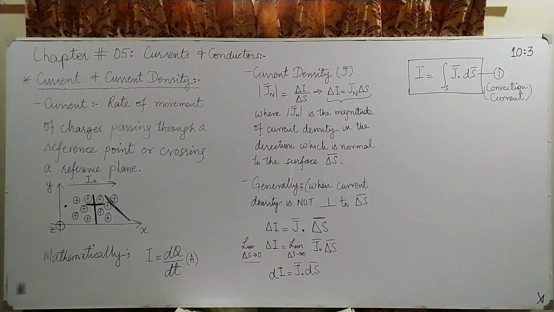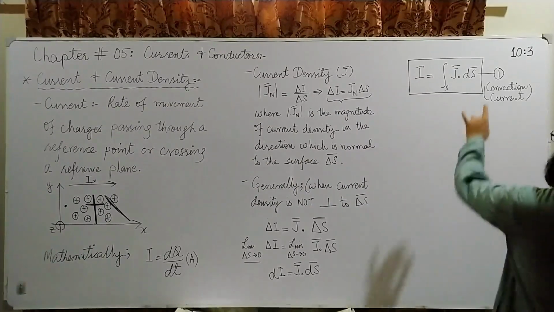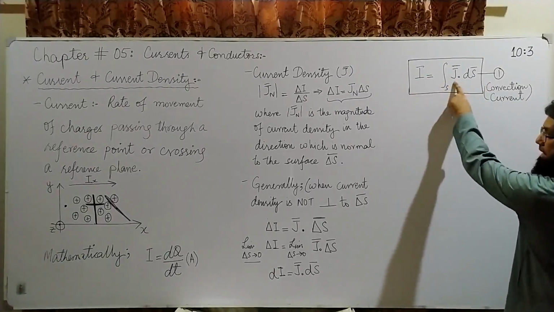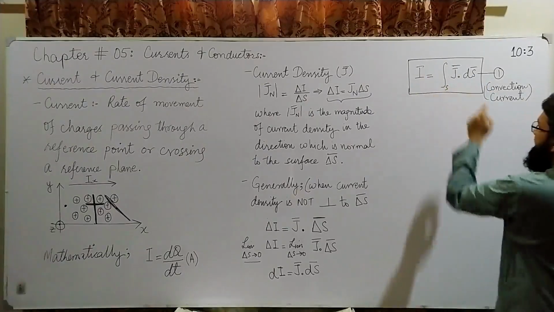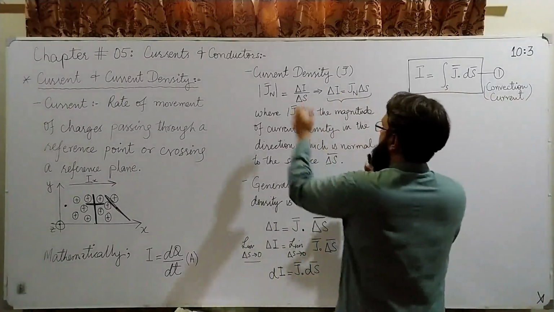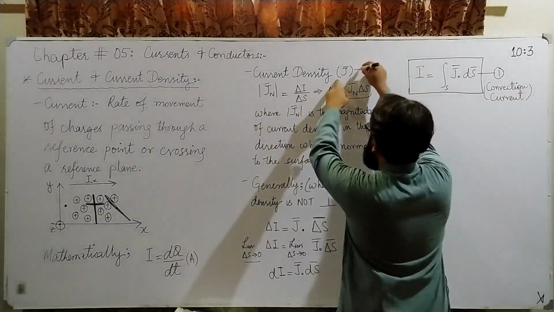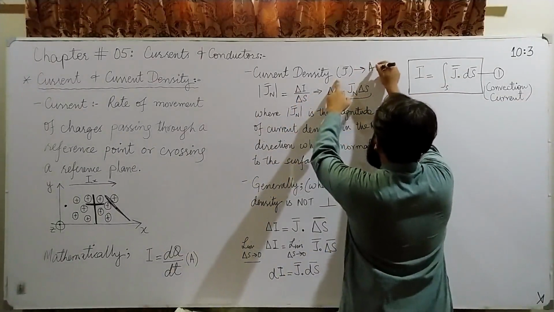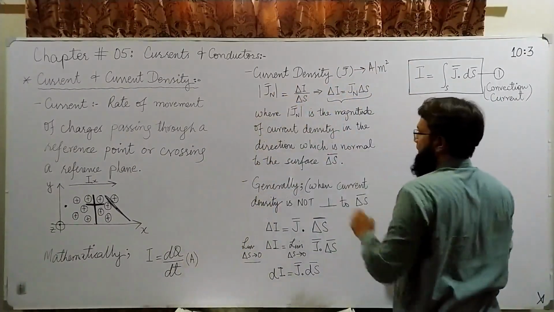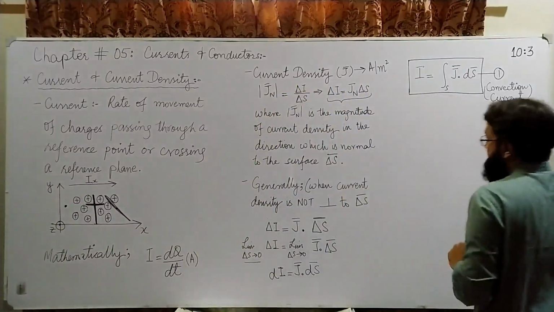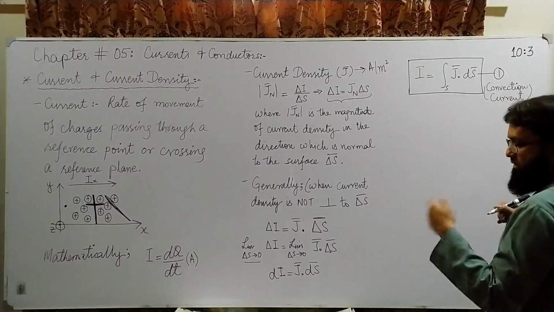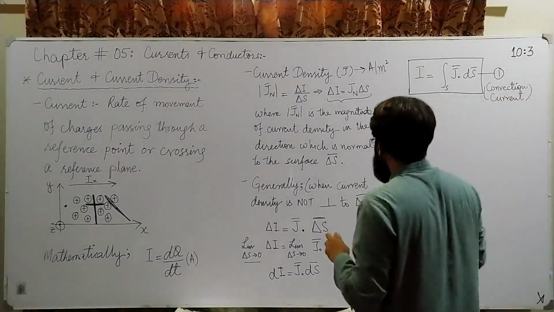So this is the current through current density. The relationship between current and current density is given by equation number 1. The units of J are amperes per meter square: how dense a current is across a particular surface area.